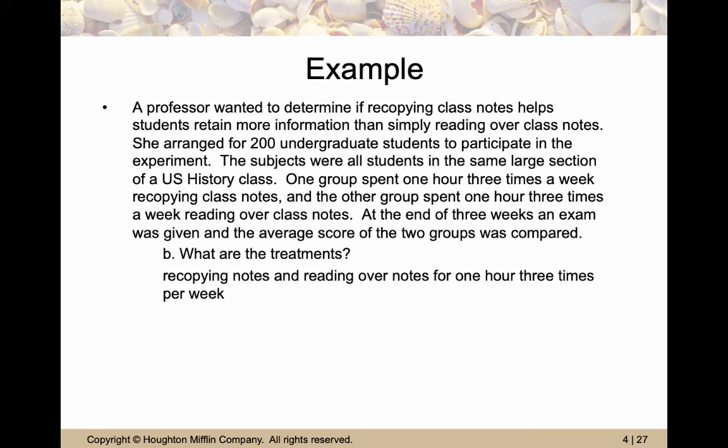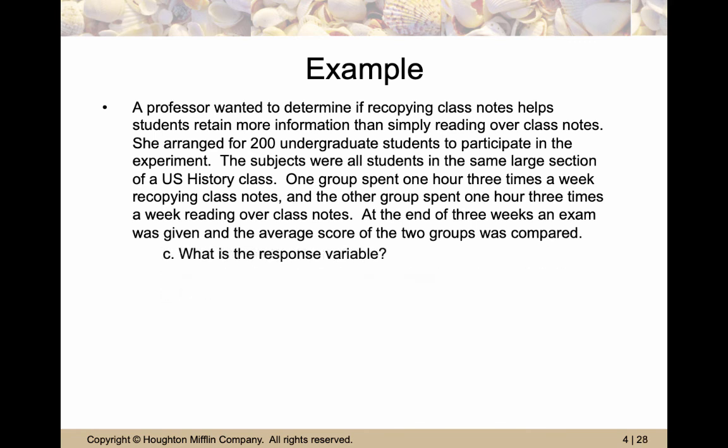Each volunteer is randomly assigned to one of those two treatments. What is the response variable? What are they going to measure at the end? The score on the exam. Everybody's score is averaged according to treatment group, and you end up with a recopy average and a read over average, and you compare the two.